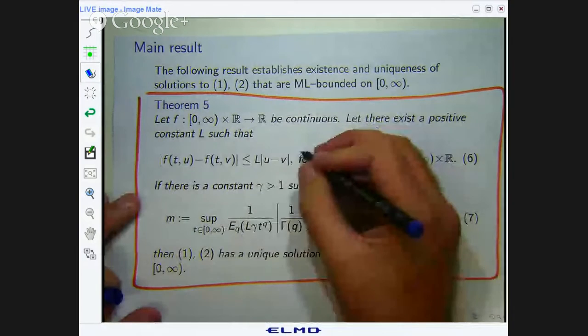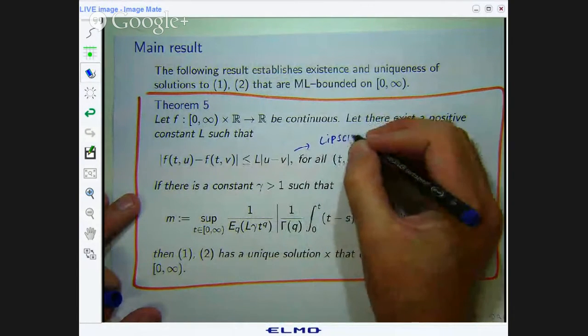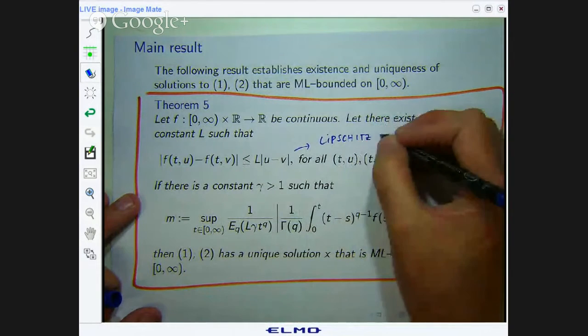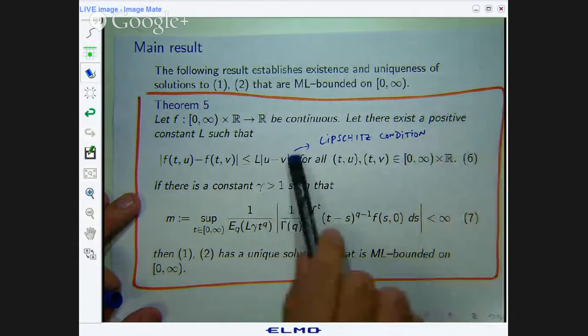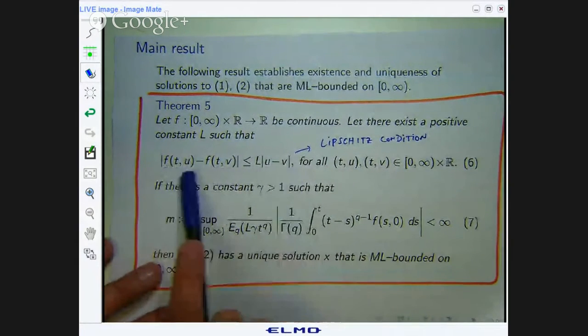This is known as a Lipschitz condition. It's a very, very famous kind of condition. So we're assuming that f satisfies that.